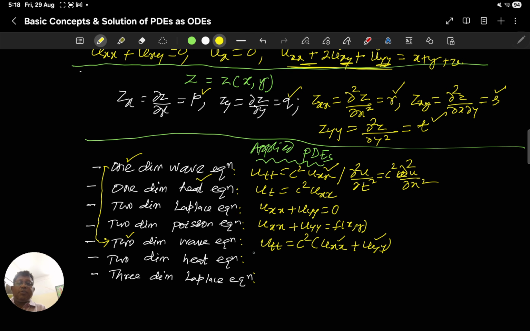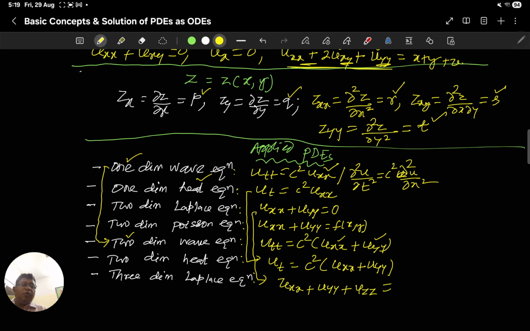Likewise, the two-dimensional heat equation, just an extension of this, will be ut is equal to c square times uxx plus uyy. Then the three-dimensional Laplace equation, just an extension of this, will be uxx plus uyy plus uzz is equal to 0. So these are some standard applied partial differential equations.